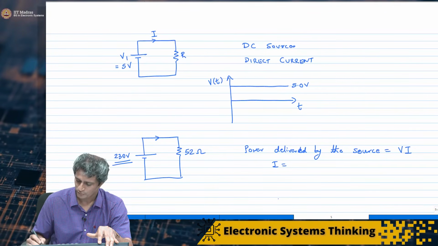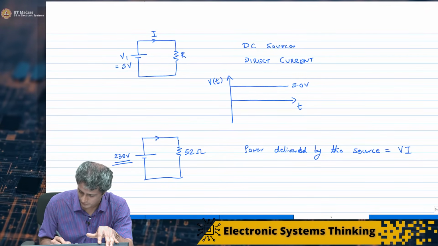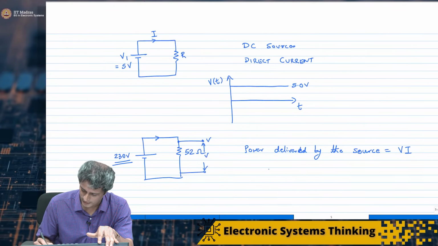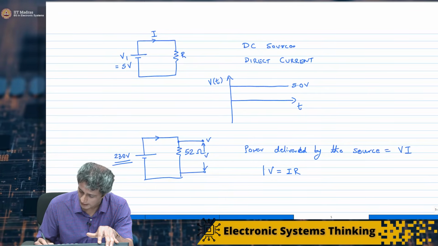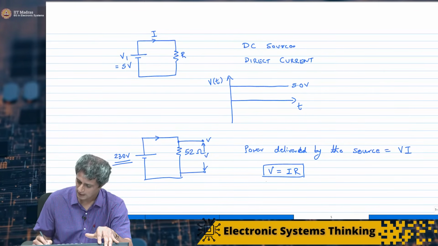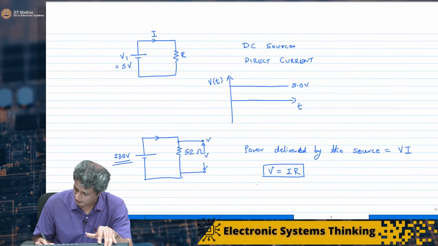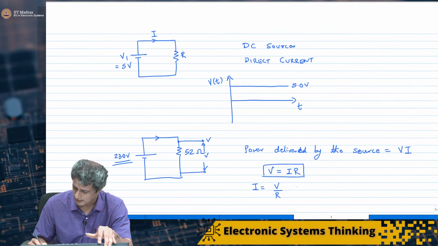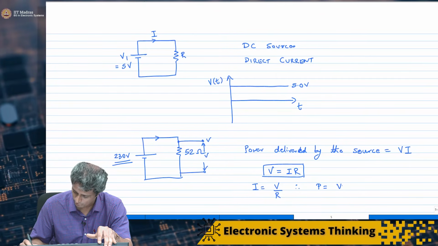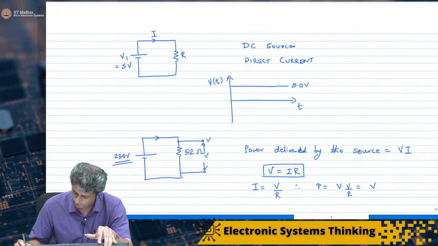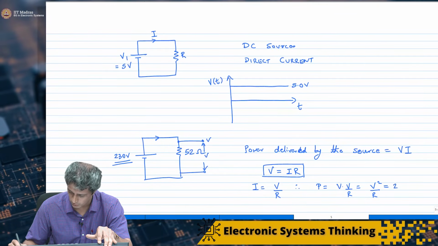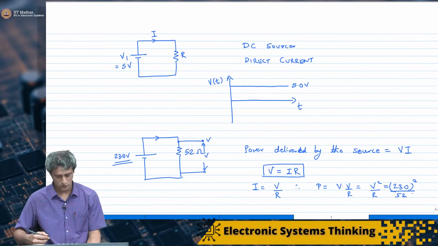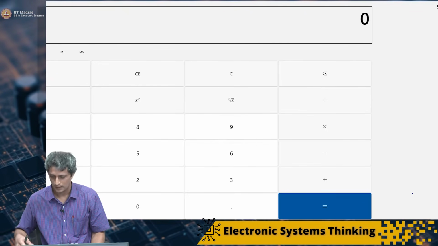If we have a resistor with a voltage V across it, then the voltage is nothing but I into R. Now therefore if you look at the total current through this circuit, it is nothing but V by R, and therefore the power is going to be V into V by R, which is equal to V squared by R, which is 230 volt divided by 52. So again let's make this calculation.